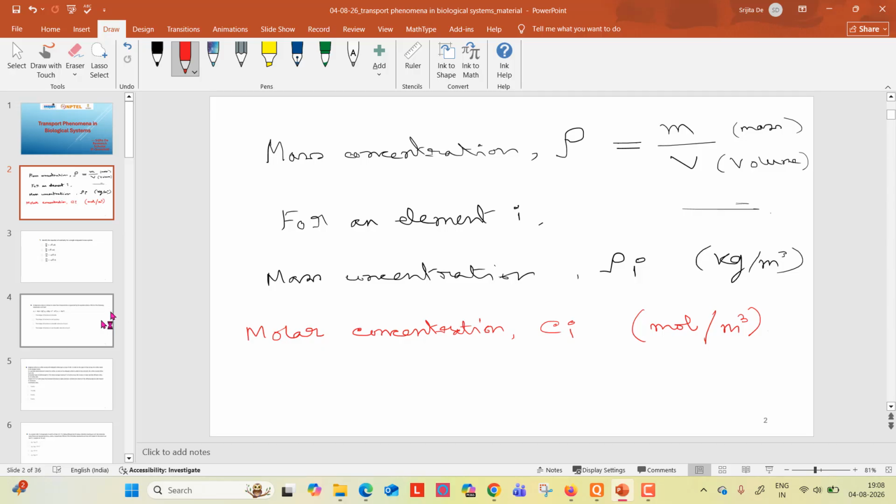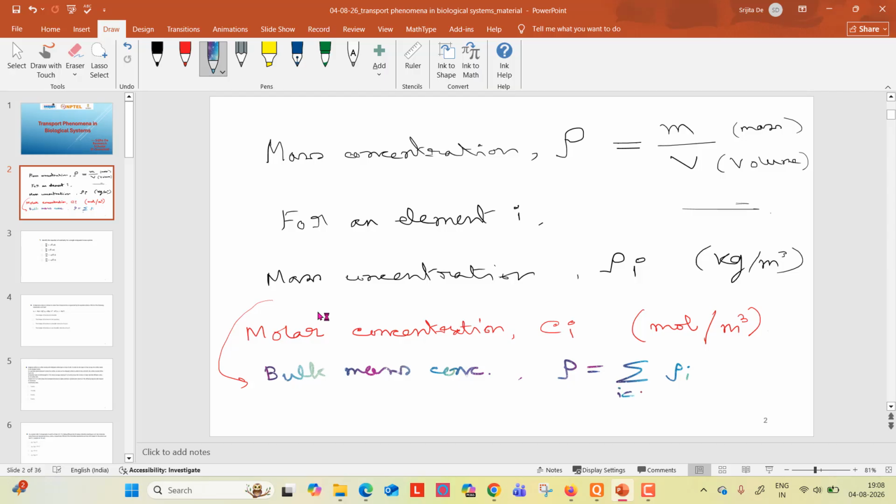Now, if we want the bulk mass concentration, then it will be rho equals summation of rho i, all the components, from i equals 1 to n, right?